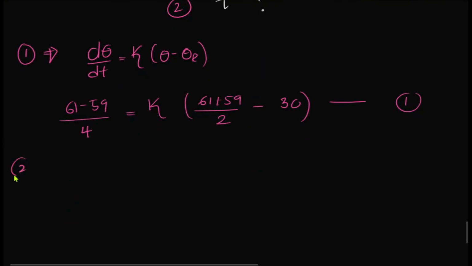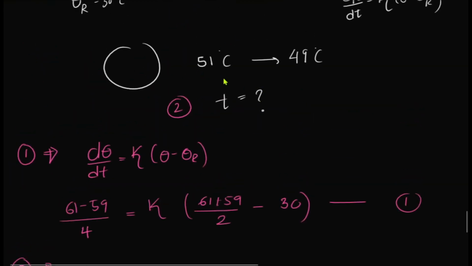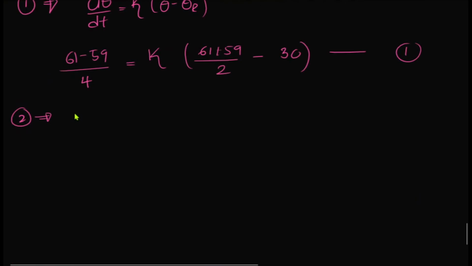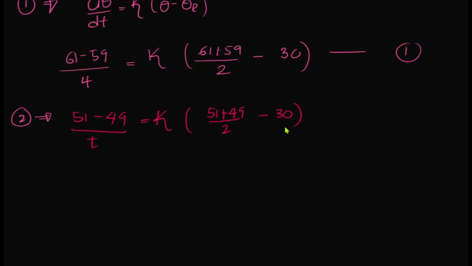Let us consider the second instance. The object needs to cool from 51 to 49, but I do not know the time taken. The constant is K, and the temperature is 51 plus 49 over 2 minus 30, the room temperature.